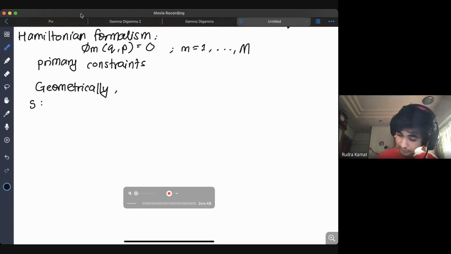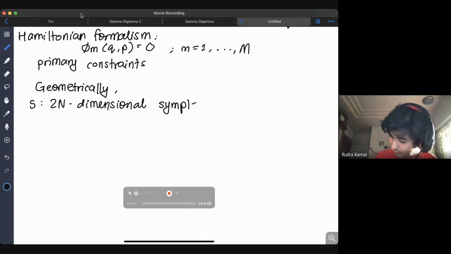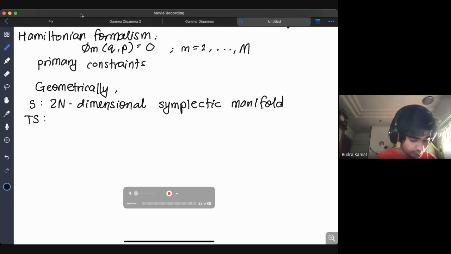So S is a 2n dimensional symplectic manifold. TS is the velocity phase space.